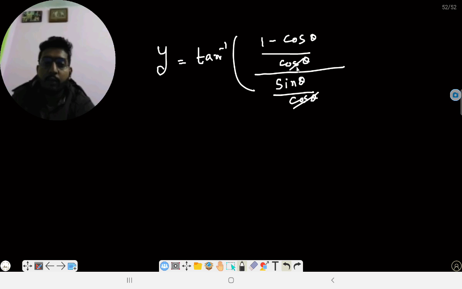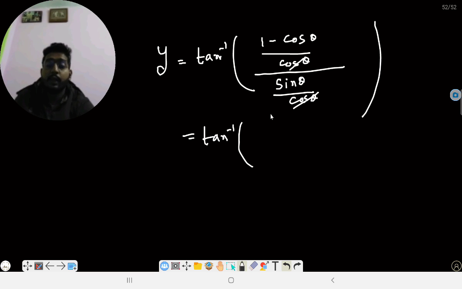We can see cos theta and cos theta cancel out, so that will be tan inverse of (1 minus cos theta) by sine theta.